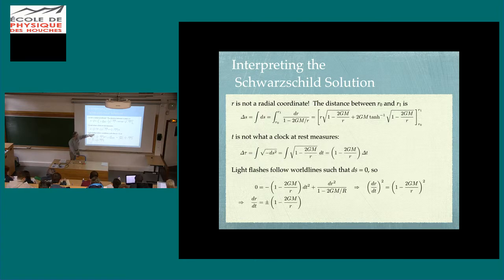And the other thing I want to show is that, again, from the metric, and Eric did this yesterday, here is the equation for how light flashes move in terms of radius and coordinate time. And the main thing I want to get at in this particular context is that in the Schwarzschild coordinate system, the way we've set it up, the metric says that the time going out is the same as the time going in.